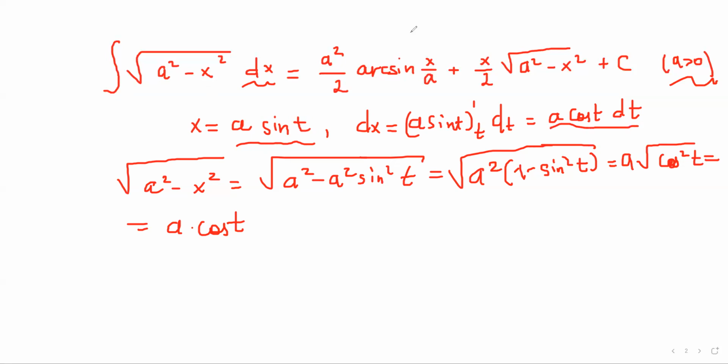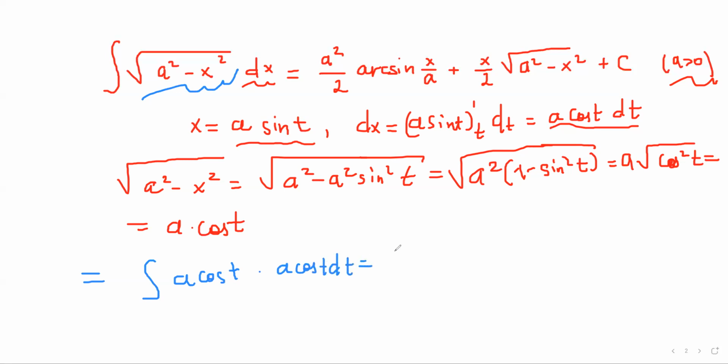So let's place everything here in its place. After we place it, we are going to get a new integral after all these substitutions. So we get the integral of a cosine t, no need to write it again here because we have already done the expression, a cosine t times a cosine t dt.